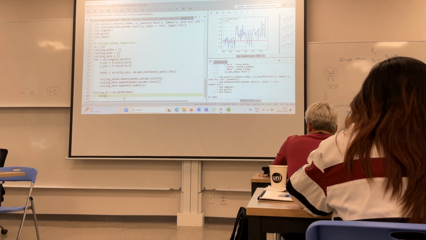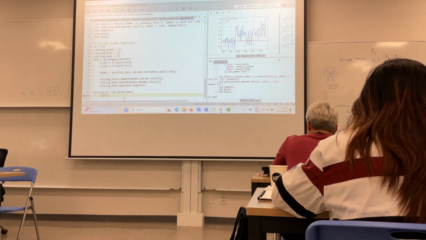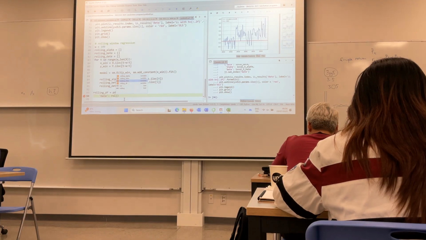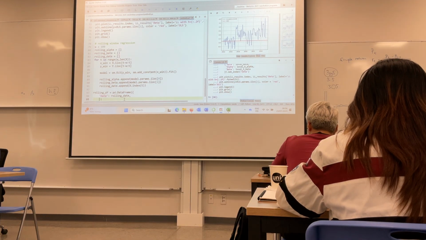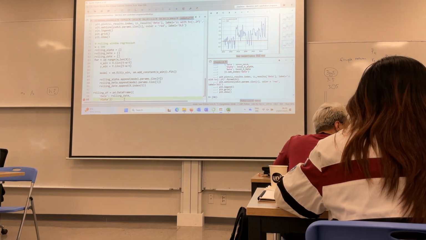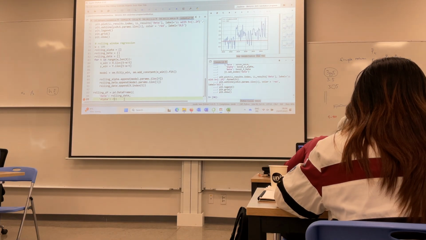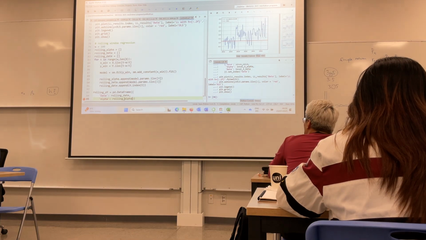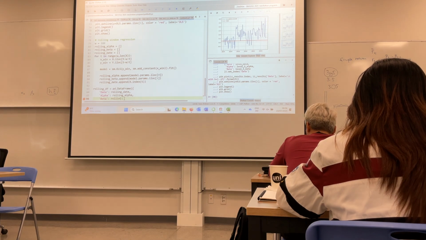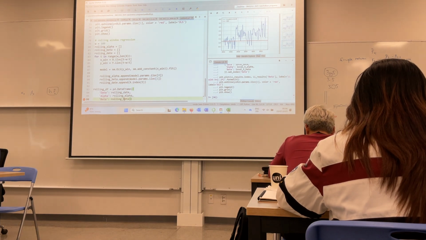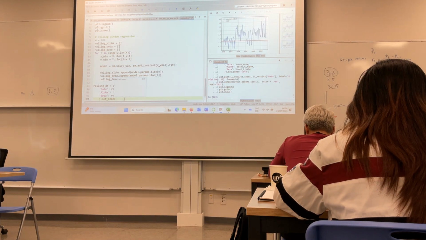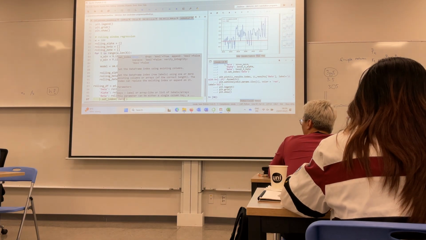So we have the date, which is the rolling date. Then we have the alpha, which is the rolling alpha. Then we have the beta, which is the rolling beta. Then we set the index to the column which is called date.